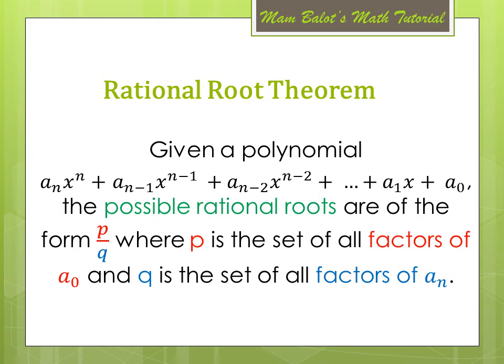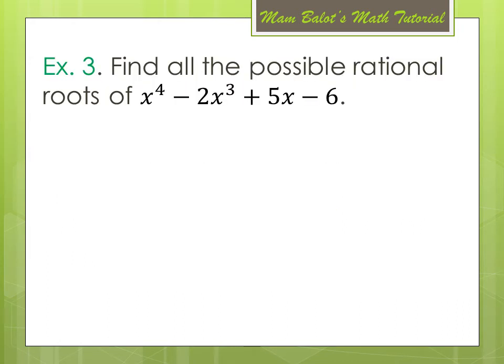So to clarify, let's have some examples. Example number 3. Find all the possible rational roots of x to the fourth minus 2x cubed plus 5x minus 6. In this polynomial, our a sub 0 is equal to negative 6 and our a sub n is equal to 1.